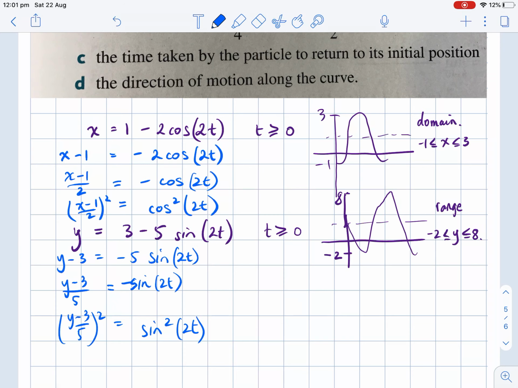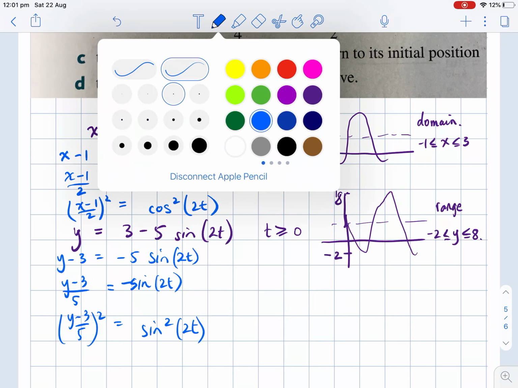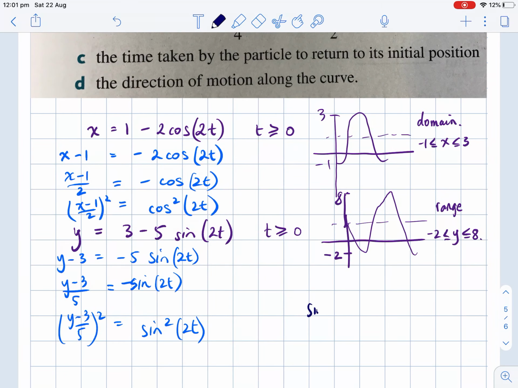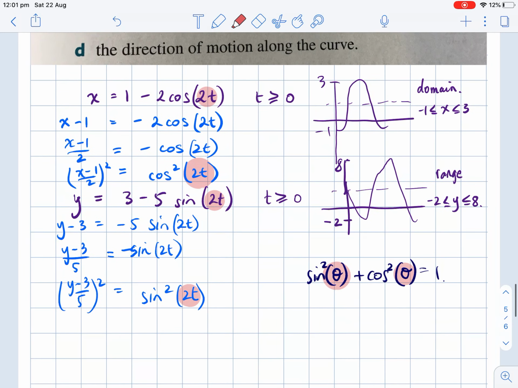Now it doesn't matter that it's 2t, because my trig identity says that sine squared theta plus cos squared theta is equal to 1. So it doesn't matter what my angle is, as long as the angle is the same in both sine and cos. And in this case, it is, because all of our angles are 2t, so we can simply substitute into our equation.